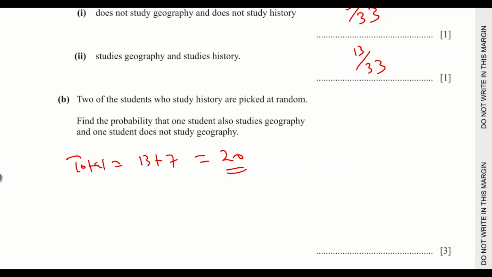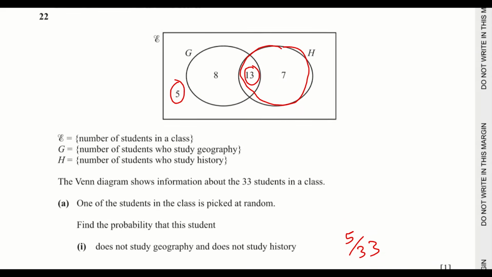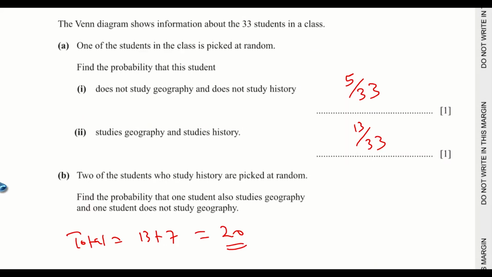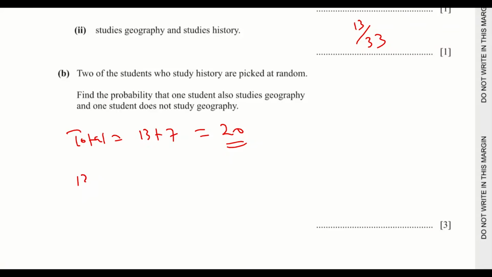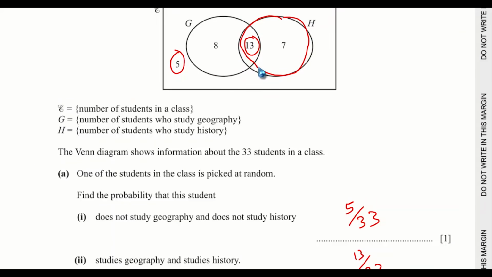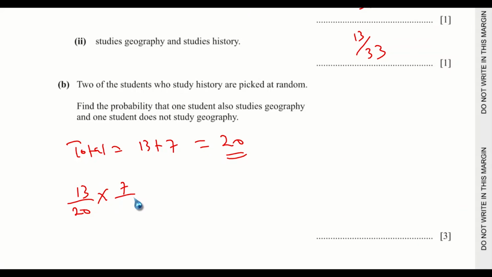One student studies geography. In this case, it's going to be this one here, 13 out of 20. And the other student does not study geography. It will be 7 here, so 7 out of 19, because you have already selected one, so the total drops to 19.